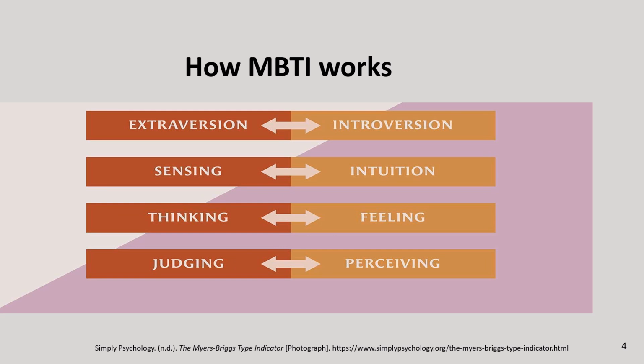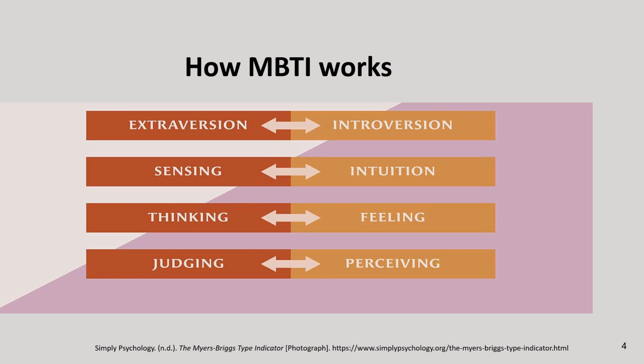Intuitive people look for patterns, meanings, and possibilities beyond what's immediately present. They focus on ideas and the future and tend to be more imaginative and abstract in their thinking.